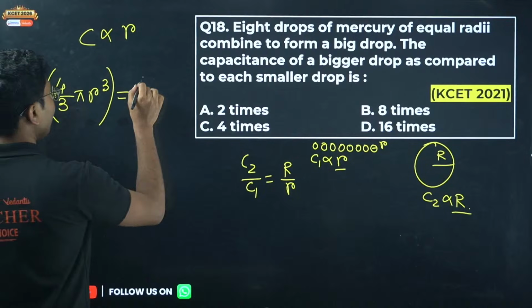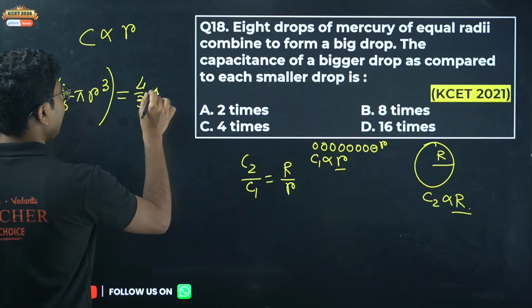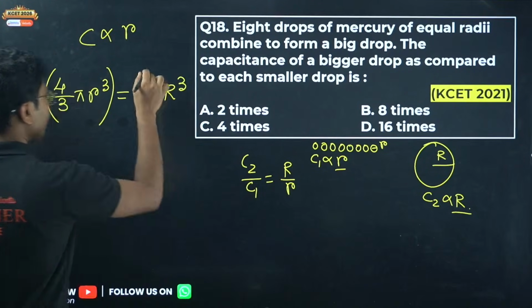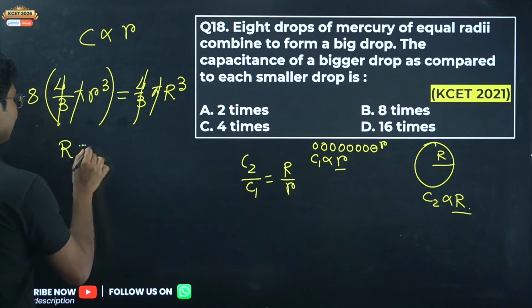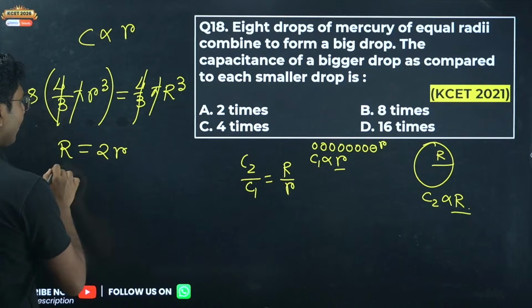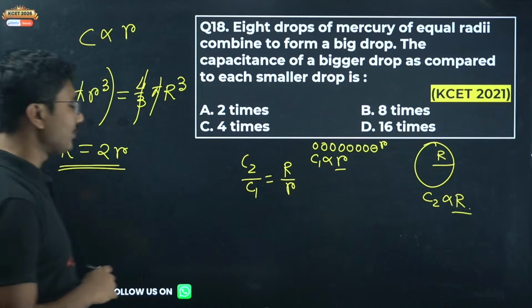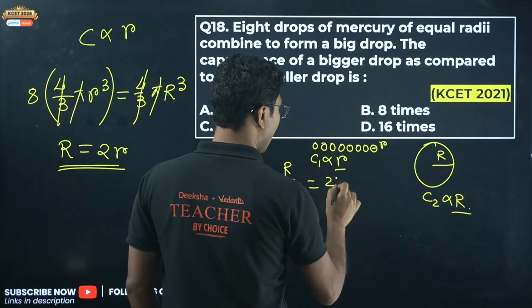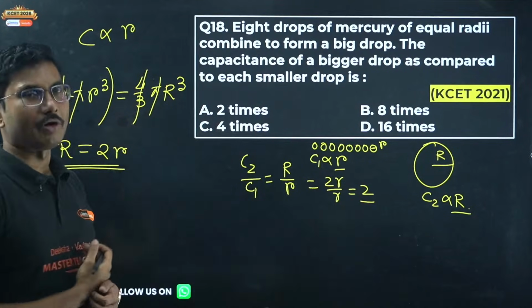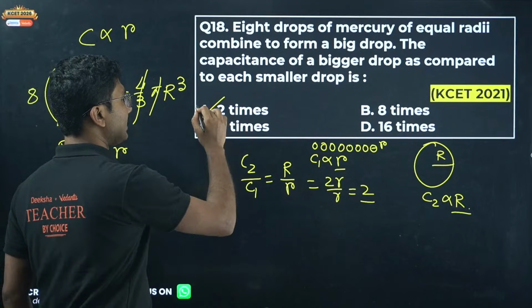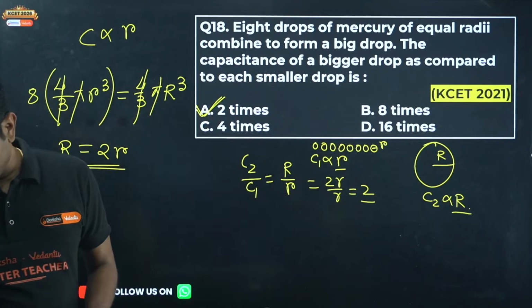So it will be 4/3 pi capital R cube. So 4/3 pi cancels and we get R equals 2r. Capital R is only twice the small r, so R by r equals 2. So the capacitance is only 2 times larger.